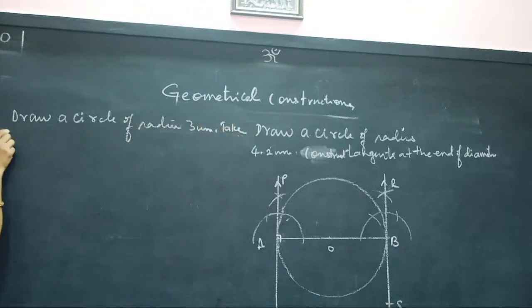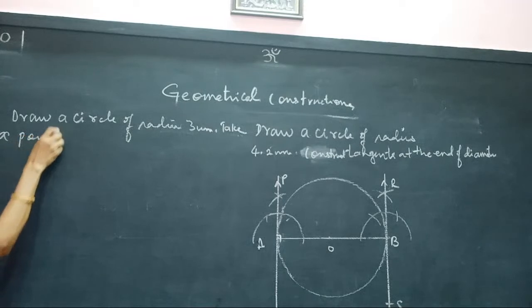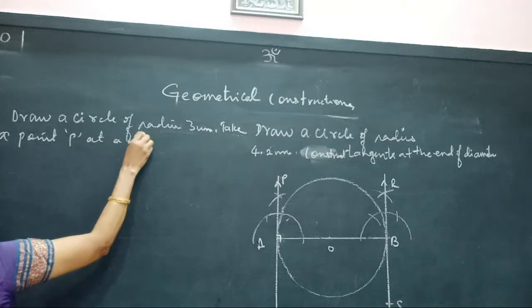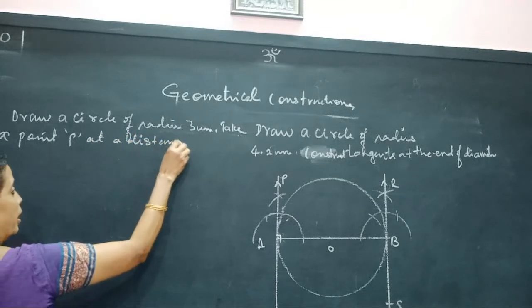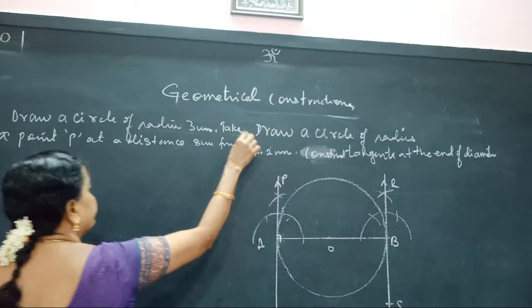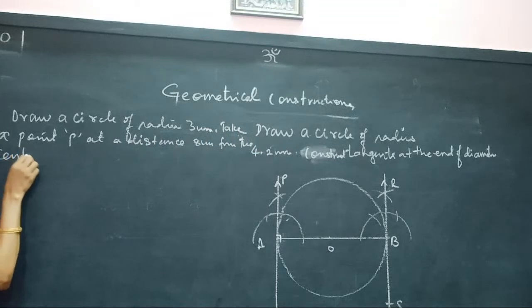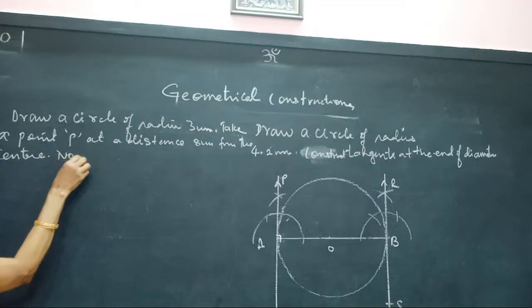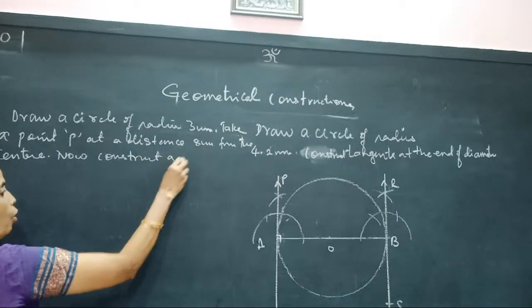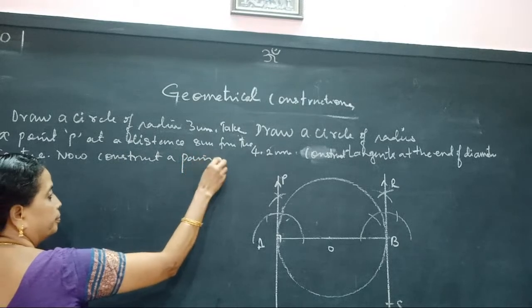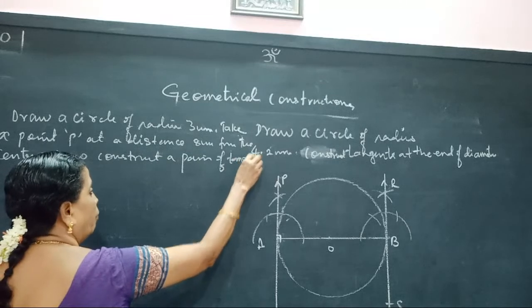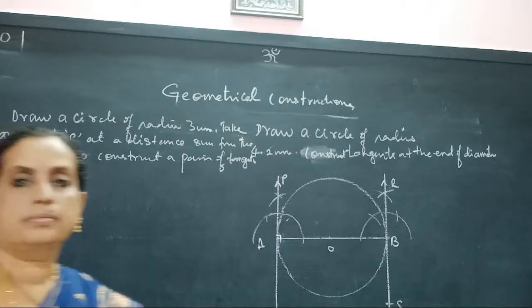Take a point P at a distance 8 centimeter from the center. Now construct a pair of tangents.